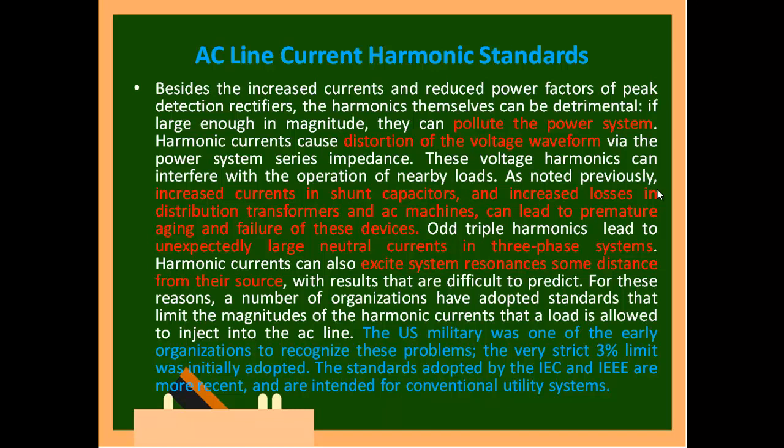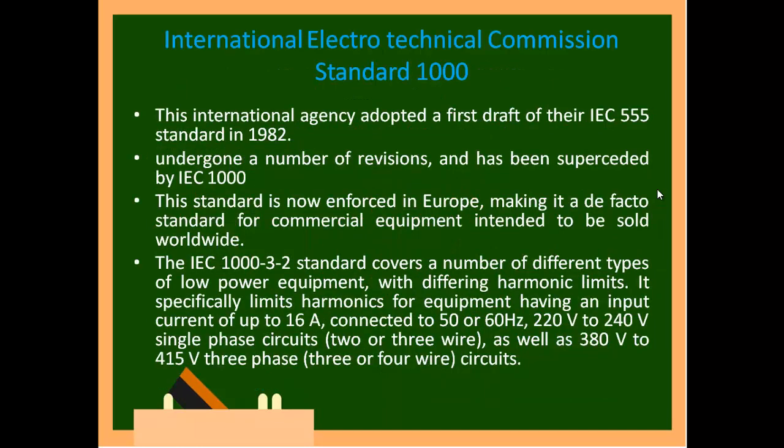Then the standards adopted by IEC and IEEE are more recent and are intended for conventional utility systems. Now I will tell what IEC and IEEE are. IEC is only for the low power range and IEEE is for high power also. The International Electrotechnical Commission Standard 1000 was first declared in 1982.